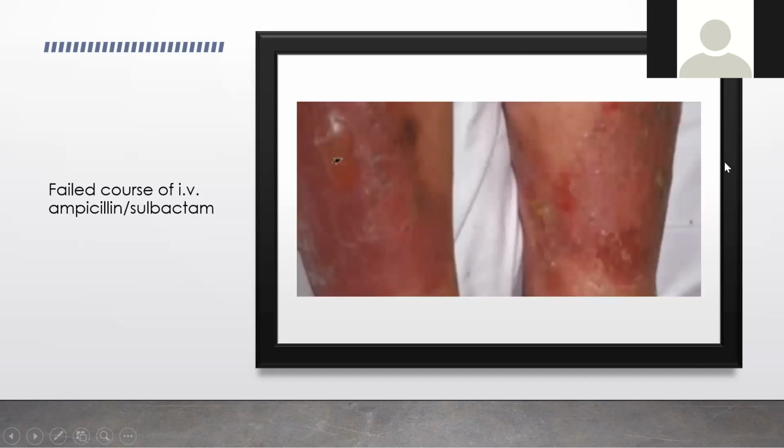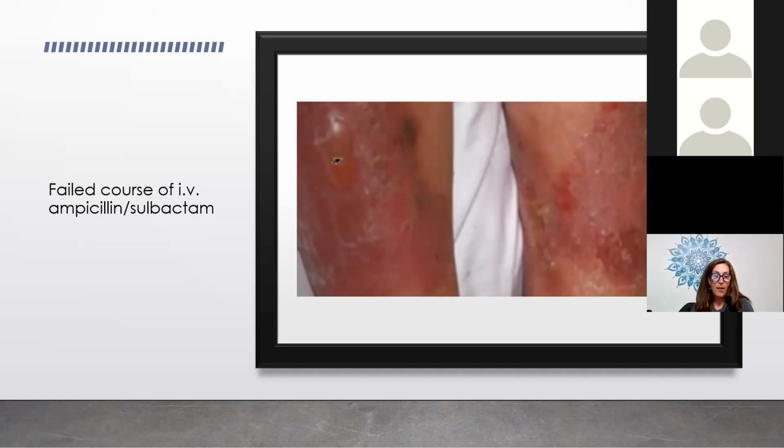This is a patient who was admitted to the hospital and put on IV ampicillin-sulbactam, and he didn't respond to treatment. What's your diagnosis and what characteristics pointed you there? It has bulla, probably stasis dermatitis, bilateral involvement. Right, and it's hyperpigmented.